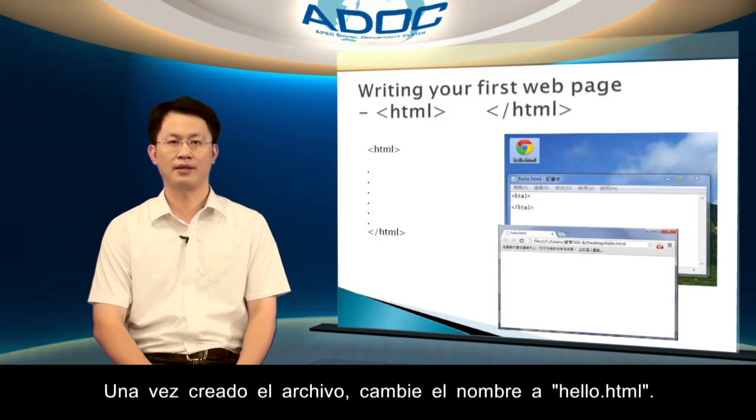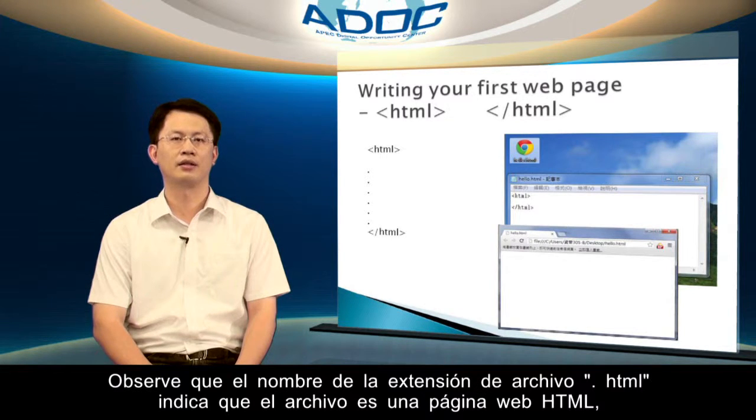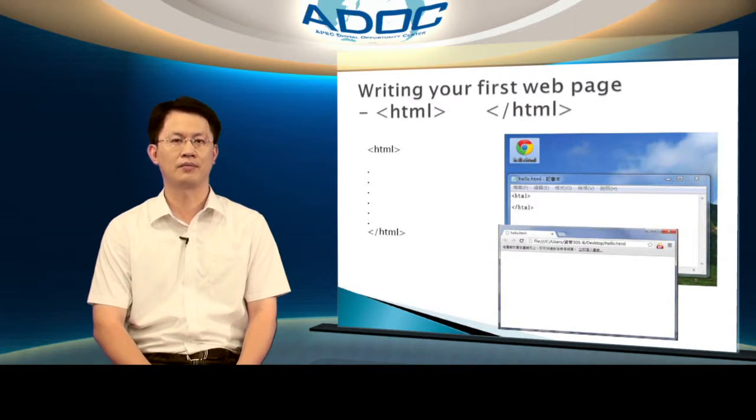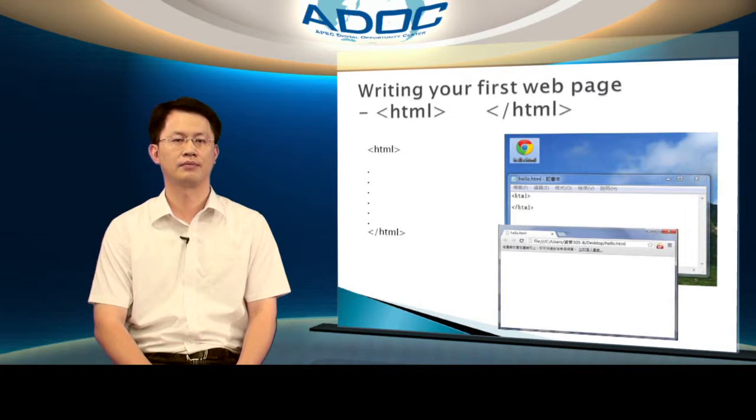Once the file is created, rename it to hello.html. Note that the file extension .html indicates the file is an HTML web page and will be initially opened by your default web browser.